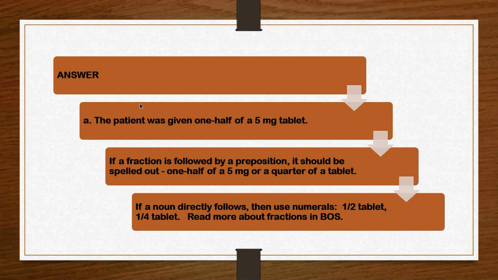There's nothing in between that. 1/4 tablet, and you would use the fraction itself. You can look up just fractions and read more about that in Book of Style. So just remember that it's all in the wording. I know sometimes students get frustrated because they spell it out one time and they use a fraction one time, but it does depend on how it's written, how it's dictated.